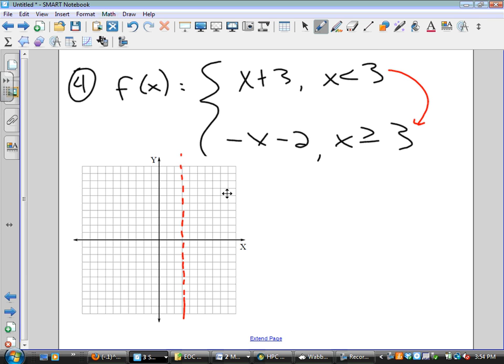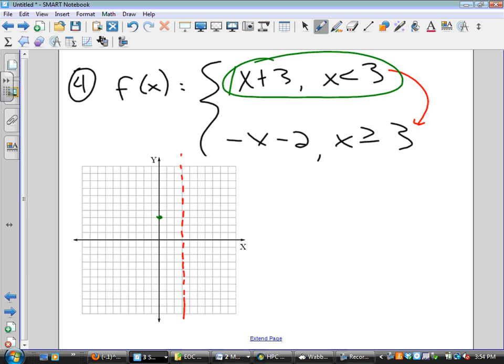So first let's look at the top one, x plus 3. The function x plus 3 is only good when x is less than 3. Okay, so let's go ahead and graph this line, x plus 3. We know that the y-intercept is 3. Okay, and we know that the slope is 1 because the number in front of x is 1.